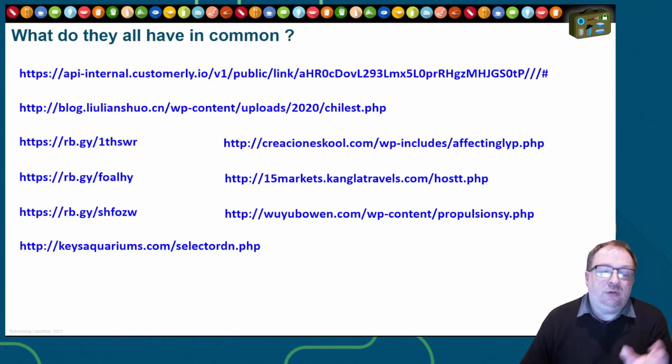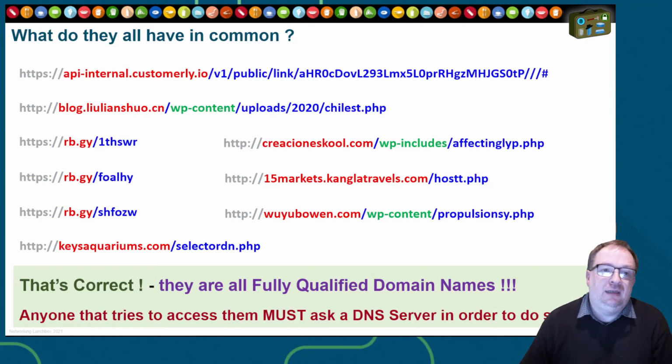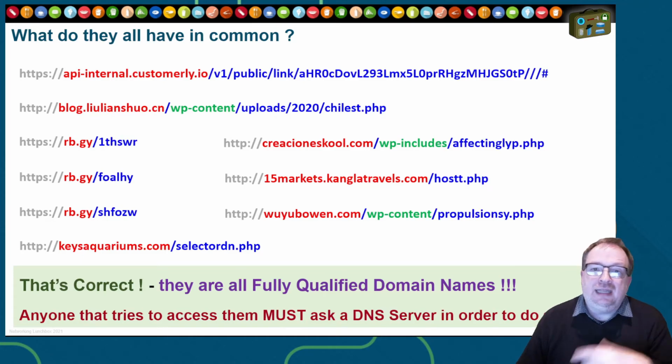So have a look at all of these links, all of these spam emails. Notice that they're all fully qualified domain names. They're all using DNS. So if we can have some sort of DNS filter behind the scenes, understanding that these are bad URLs, these are bad domains, that's going to protect us.